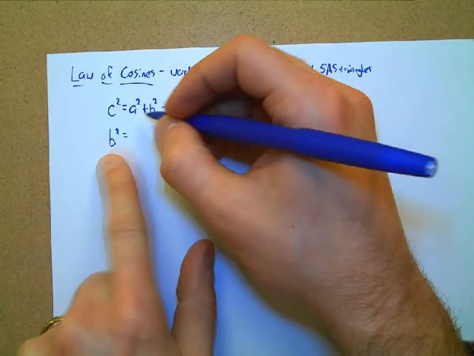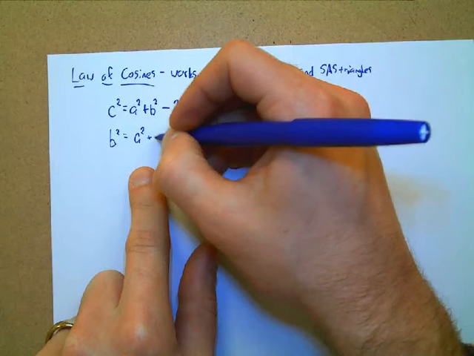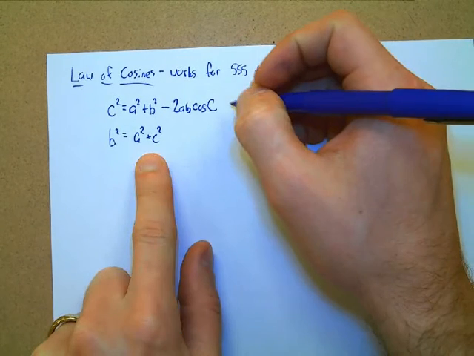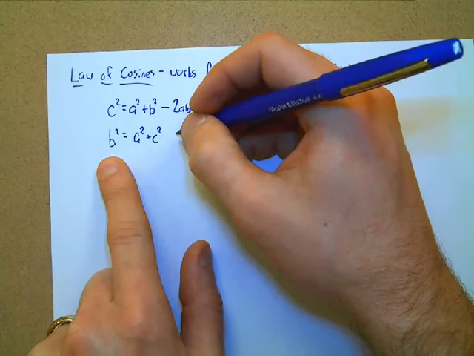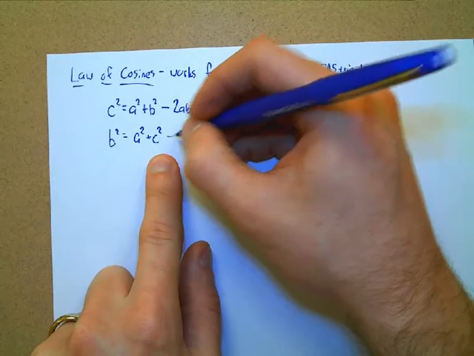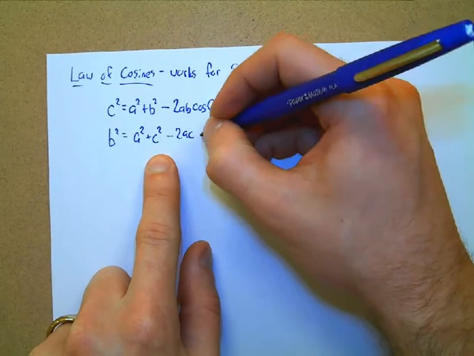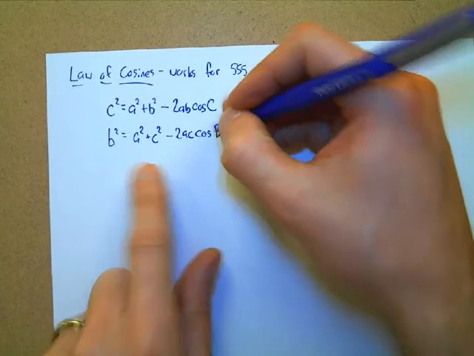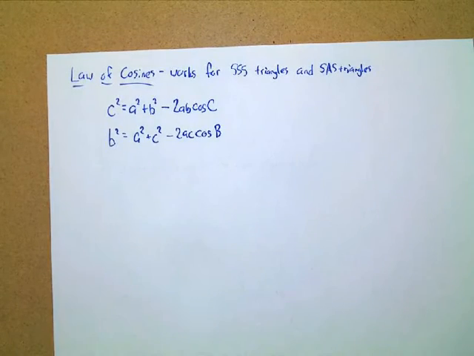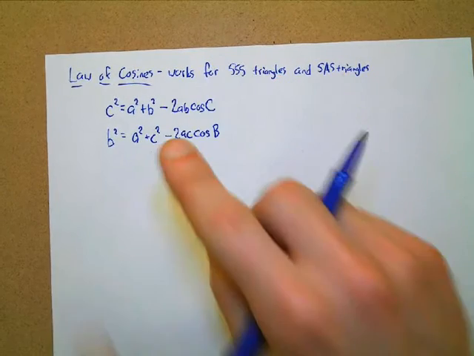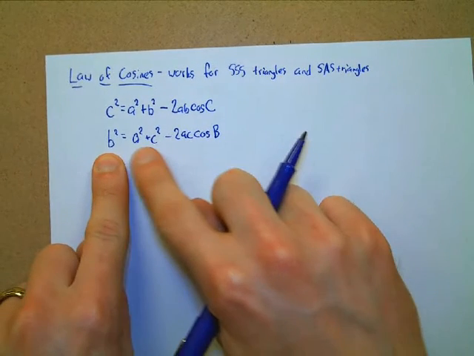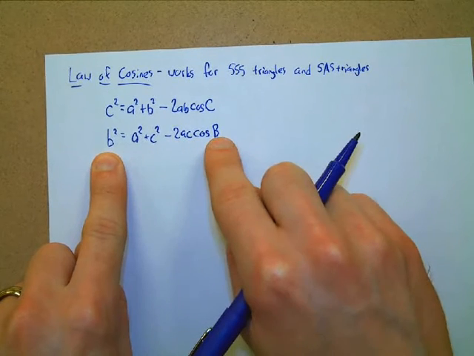Okay, so you see the letters just change around. If you have your b squared here, then it's a squared c squared here, it's ac here, and that's angle b here. Here it's c squared, so it's a squared b squared, ab, and then angle c. And so then for the last one with a squared, it would be b squared plus c squared minus 2bc cosine, and then angle a.